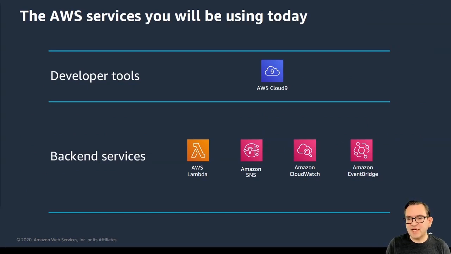So here are some of the AWS services that we're going to be using today. Cloud9 we've been using throughout this whole series, and that's the IDE in a browser, so you can use an EC2 instance-based IDE to download code, use a terminal, and do all those sorts of things. It gives us all a uniform experience as we're going through the workshop. We've been using Lambda throughout.